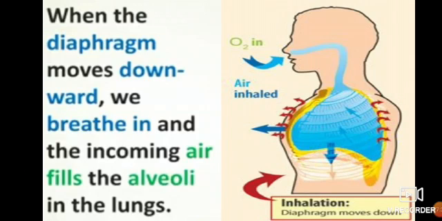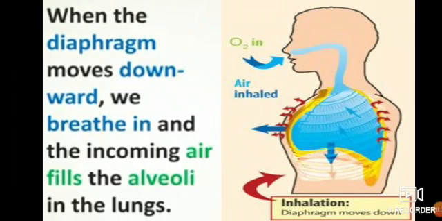Okay, so when the air is inside our body, when we inhale, what happens? The alveoli push the pressure on the diaphragm. And because of this air pressure, what happens? The lungs push the diaphragm down.